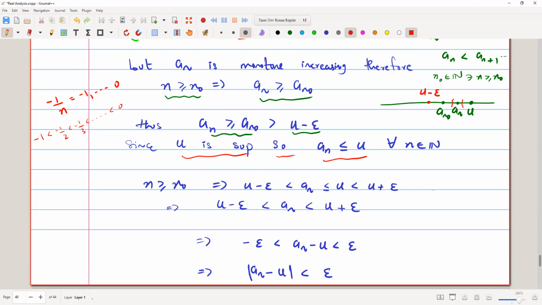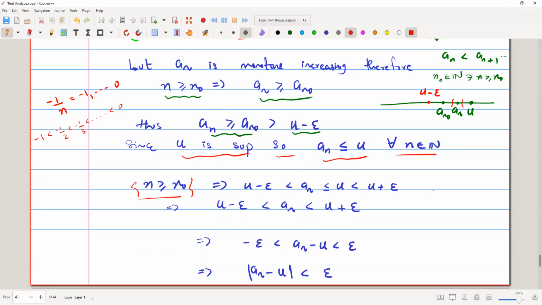So here we write a n is less than or equal to u for all n belonging to the naturals. Therefore, for n greater than or equal to n naught, by the definition of convergence, it implies that u minus epsilon is less than a n.